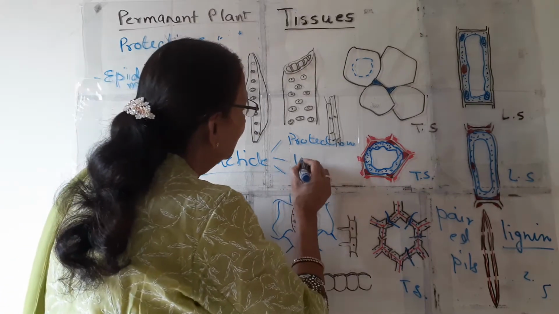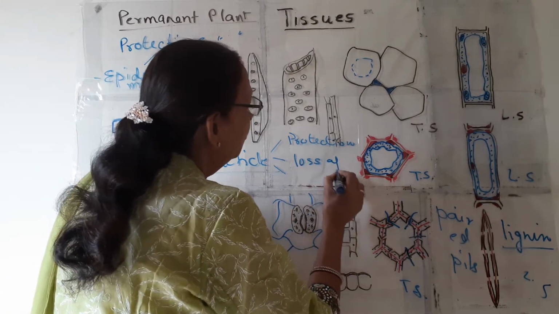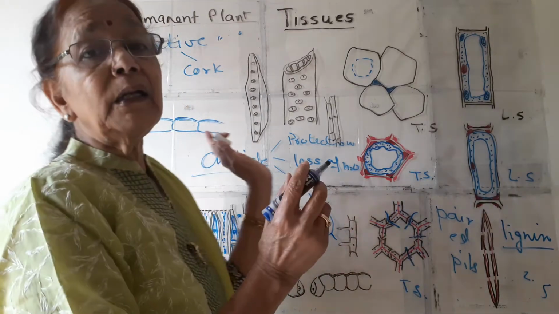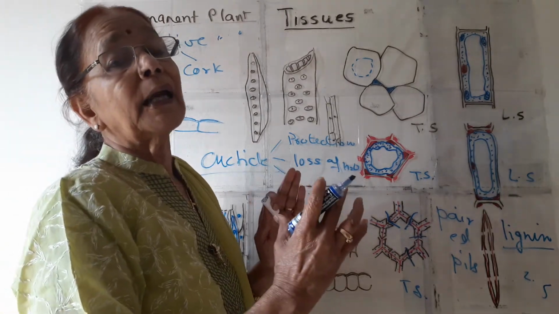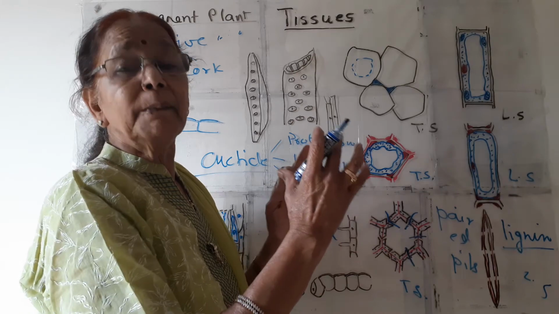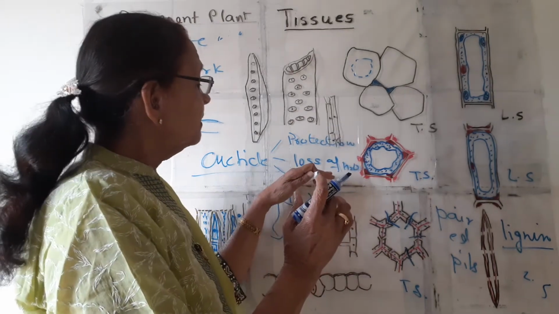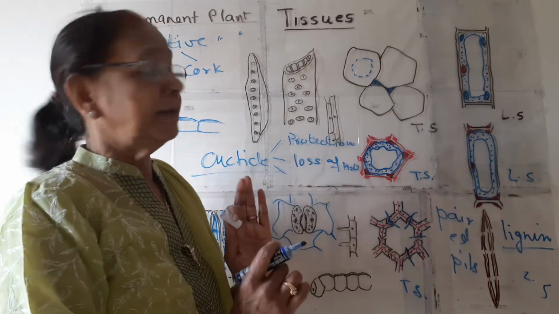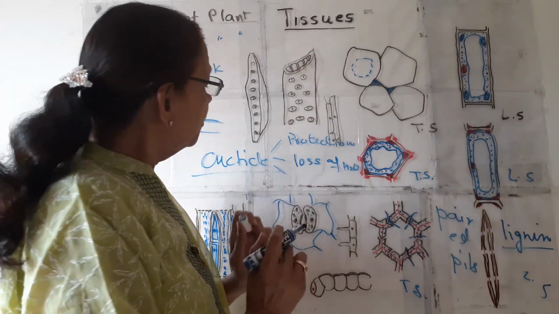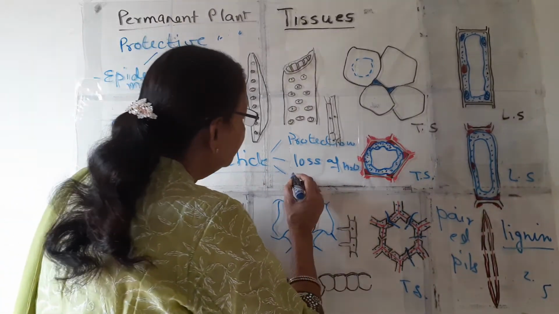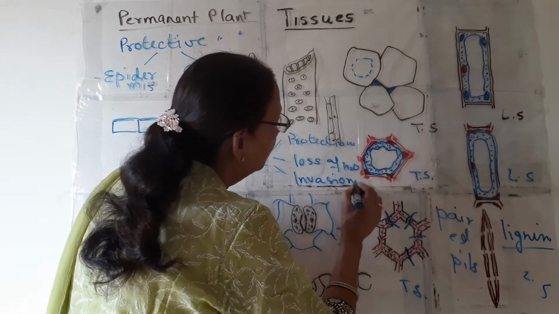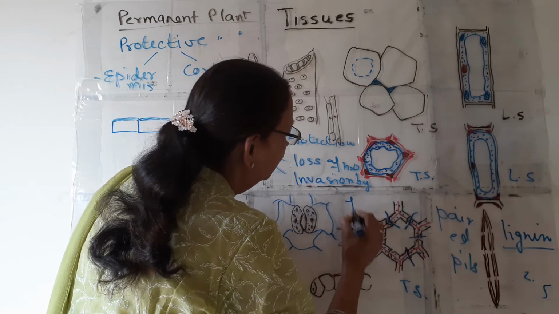Second, it helps in preventing loss of water. When this wax covering is there, the water cannot be lost by the epidermis. This impairs the loss of water from epidermis. And third, the most important, it inhibits the invasion by fungi.